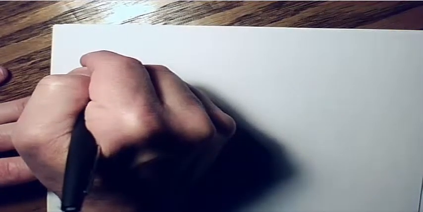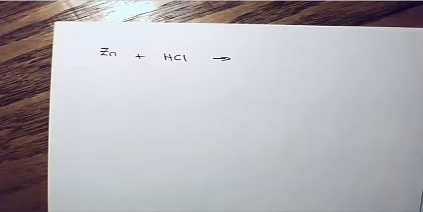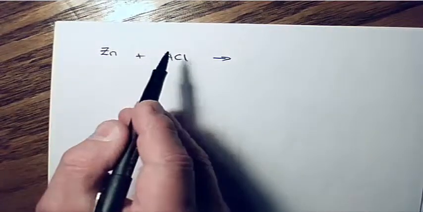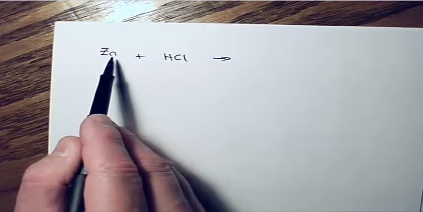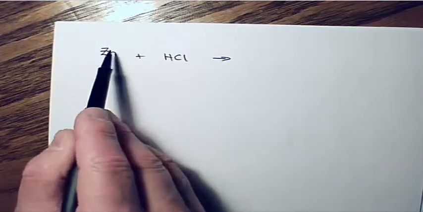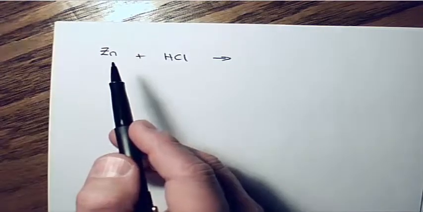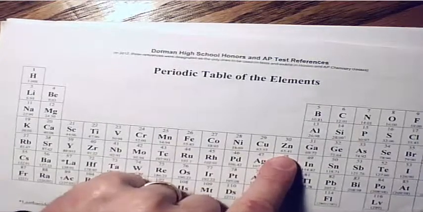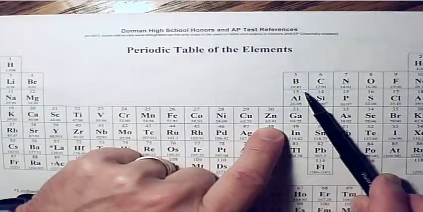Let's start with something kind of simple in terms of chemical equations. Miguel, if I run this chemical reaction in water, what physical state symbol do I assign to this chemical right here? Where on the periodic table is zinc found? Okay, it's right here. The stair step that divides metals and nonmetals goes right here.